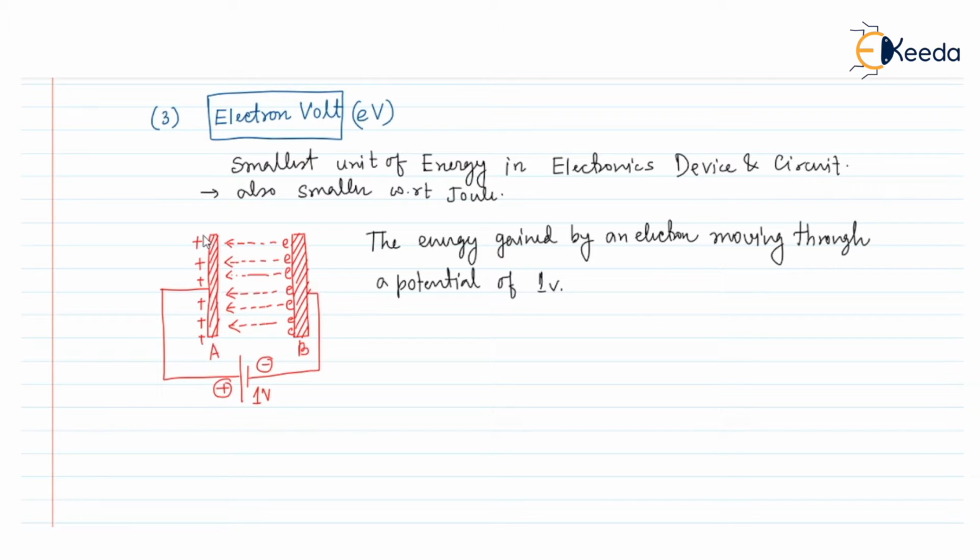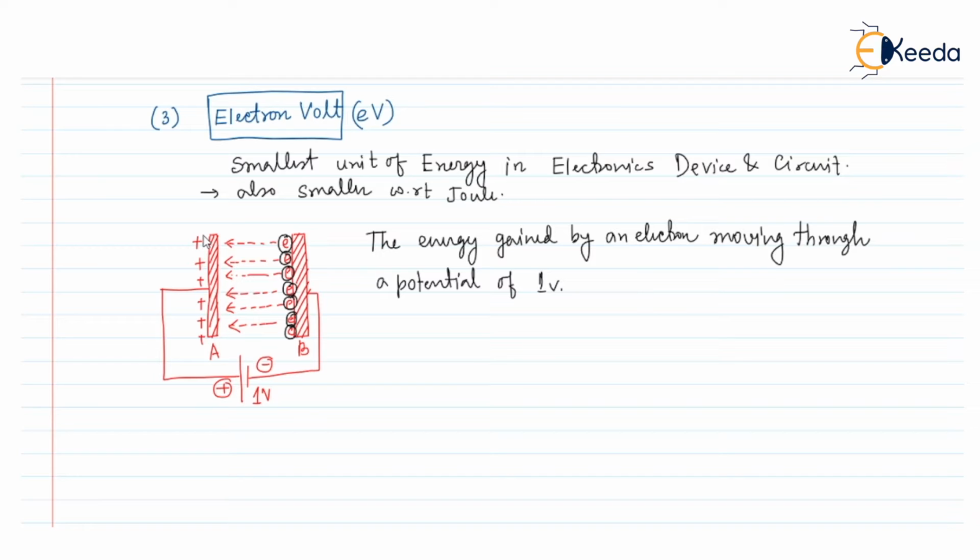It means that these electrons which are moving between the plates B to A are moving due to the applied potential of 1 volt. So during the movement, they will gain some energy, and that energy will be termed as 1 electron volt. That is the energy gained by an electron moving through a potential of 1 volt.